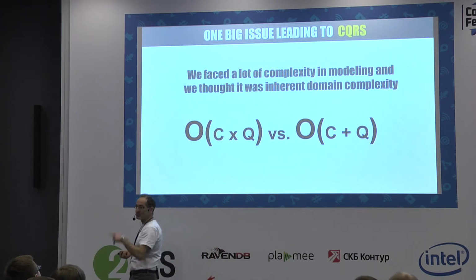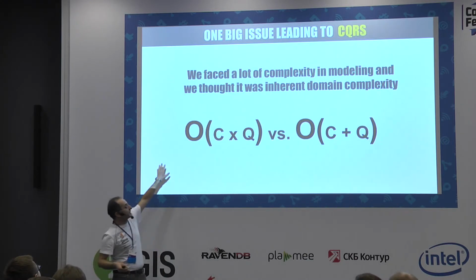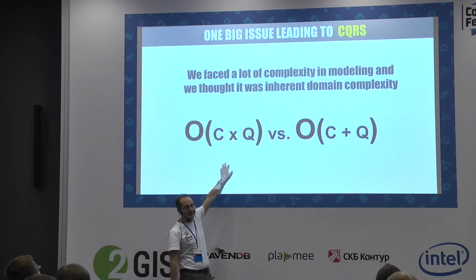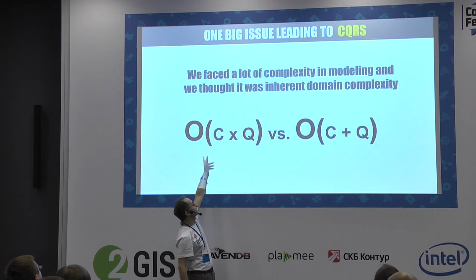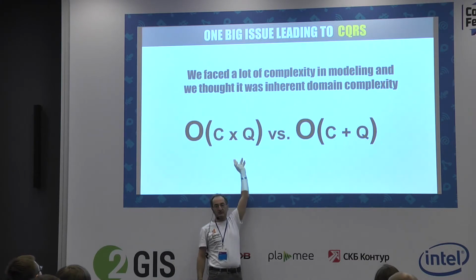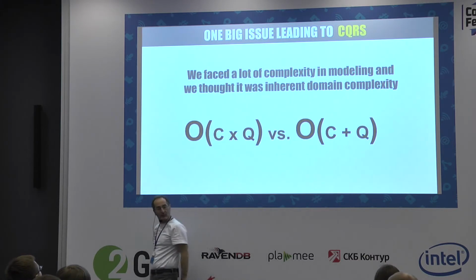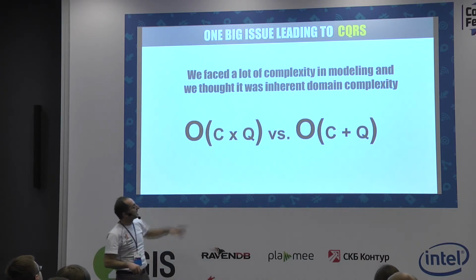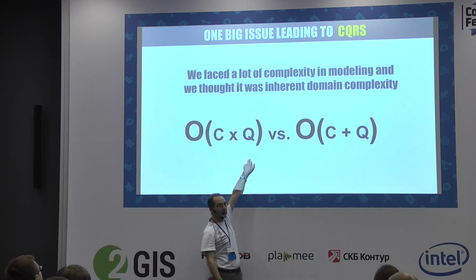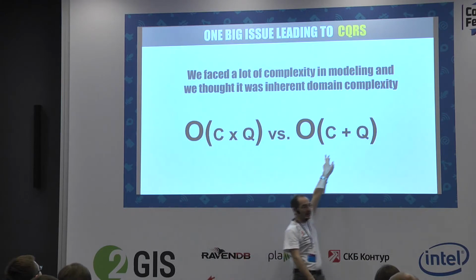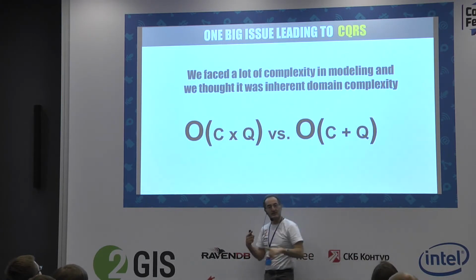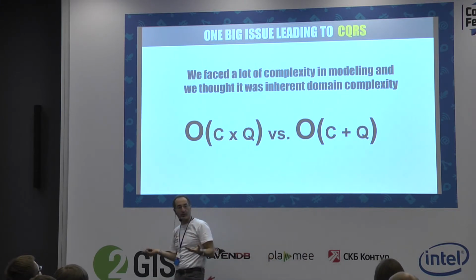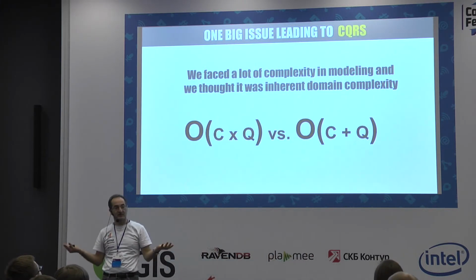And I would say that the order of complexity of a system in which we don't separate commands and queries is some sort of the product, even the Cartesian product, if you want to be cool, of the complexity of commands and queries. In CQRS it is the plain union, the sum of both. So sum versus multiplication.